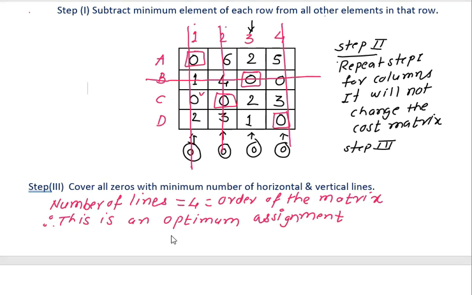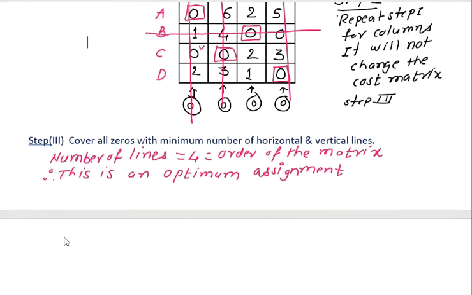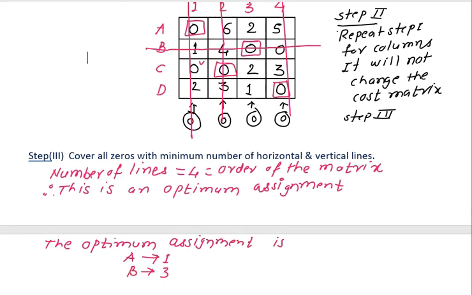So what is the optimum assignment? Let us write it down. The optimum assignment is: job A is assigned to the first machine, B is assigned to the third, C is assigned to machine 2, and D is assigned to 4.